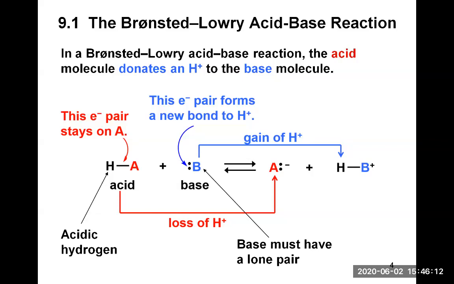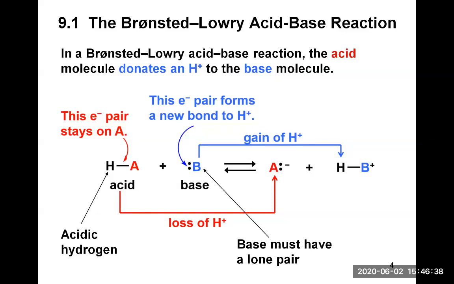So there is a transfer of proton from the acid to the base. Let's look at this generic form of an acid-base reaction. Let's look on the left first and only focus on HA, the acid. H single bonded to A is an acid in its generic form.